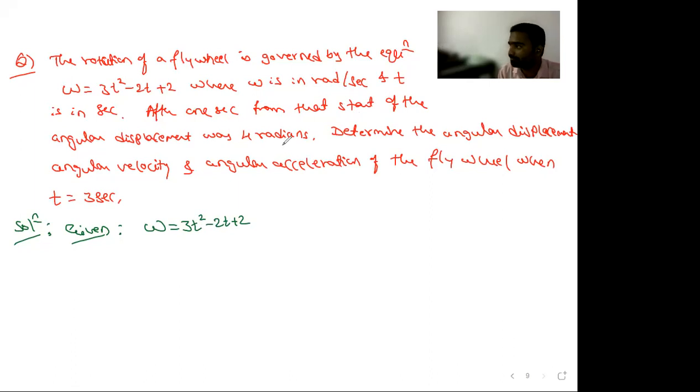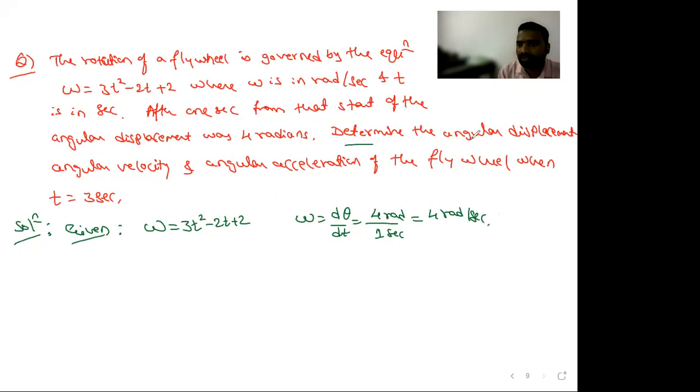So what does it mean? Can I write it easily? Omega is equal to d theta by dt. So he has given d theta, that is 4 radian, divided by 1 second, correct? That is nothing but 4 radian per second. That is the angular velocity given.